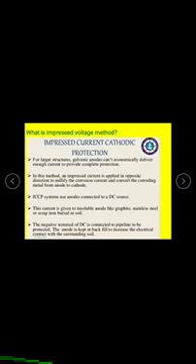Impressed current cathodic protection systems use anodes connected to a DC source, meaning a battery source. This current is given to an insoluble anode like graphite, stainless steel, or scrap iron buried in soil.